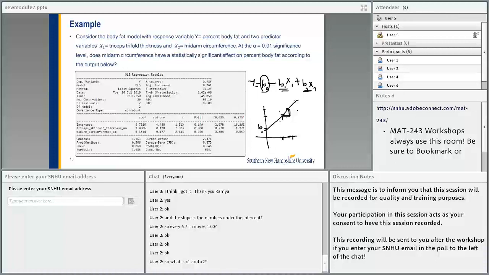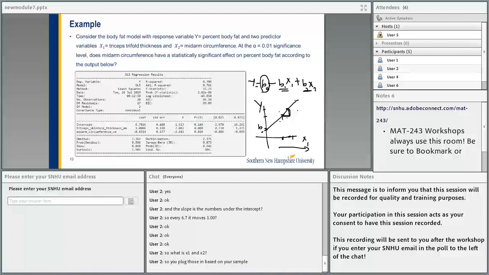X1, X2 are your predictor variable values. So your mid-arm circumference or the thigh circumference, those are your X1, X2 values. And those are the values here on your x-axis.